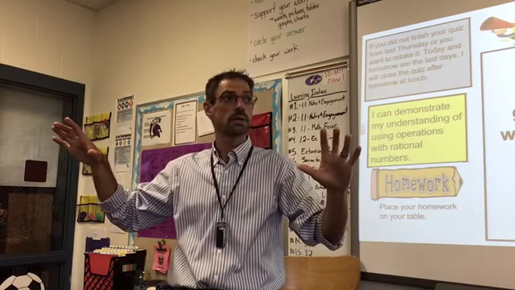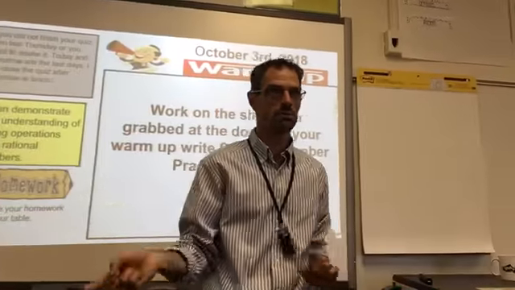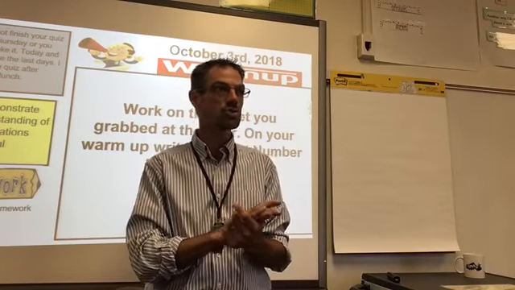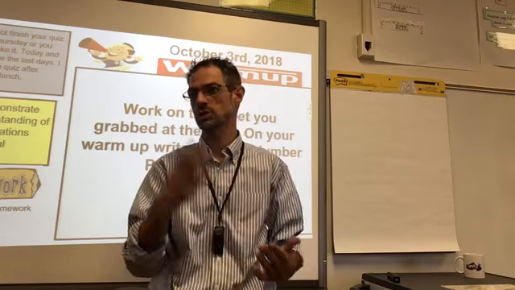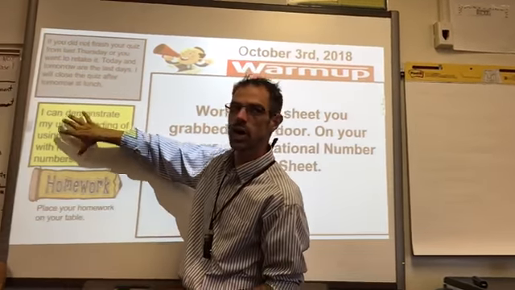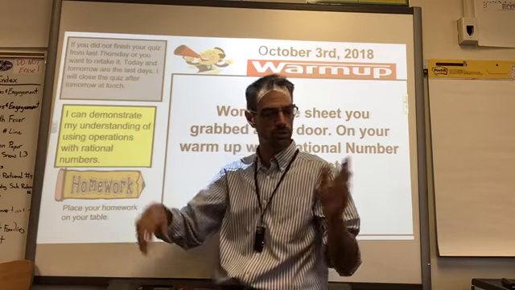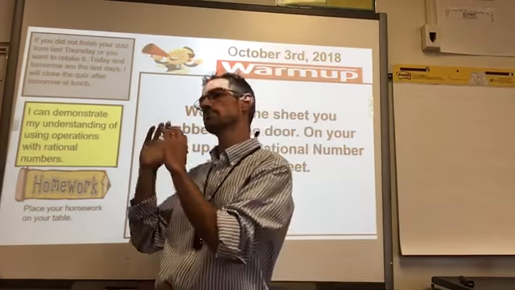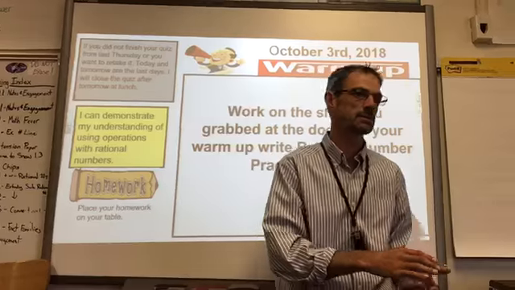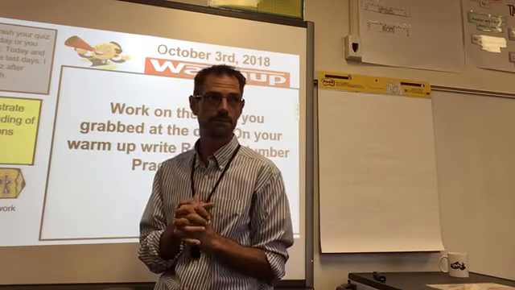Today the problems are going to go back and forth, so don't get confused. Use the anchor charts and your notes. I want you to really do a good job understanding the algorithms for rational numbers when I multiply and divide, and when I add and subtract. Questions about that?